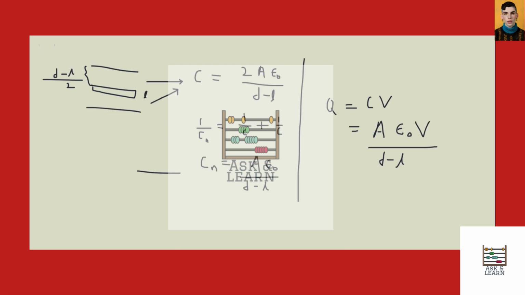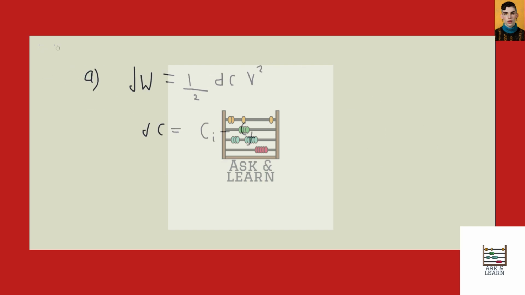From this is your initial capacitance. Initial capacitance now is A epsilon naught divided by D minus L. Final capacitance is A epsilon naught divided by D, since you remove the plate.